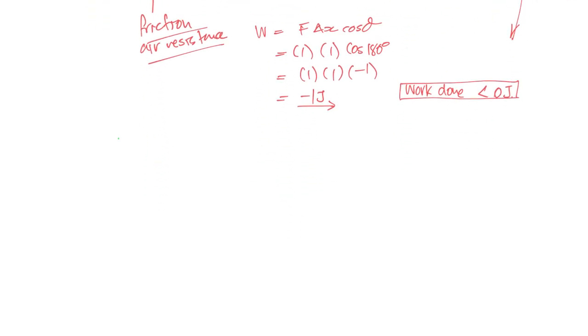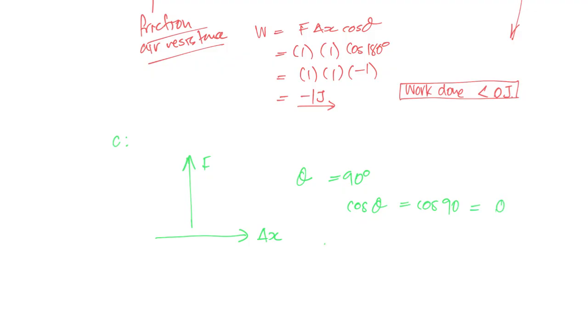All right, the next thing is condition C. In condition C, your force is, let's say, in this direction, but your displacement is at 90 degrees. So your theta value is equal to 90 degrees. And I know that cos 90 is 0.